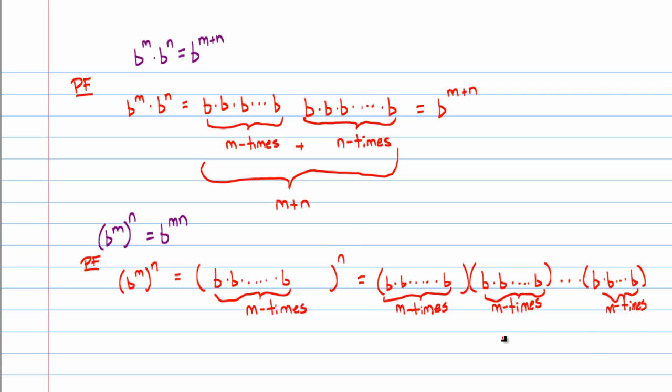Well, this power says we have n of these. So n times. So I have n groups of m. Well, another way to say that is if I have 10 groups of 8s, that's 10 times 8. If I have n groups of m's, that's m times n. So that's the same thing as b to the m times n. That's how that proof goes.